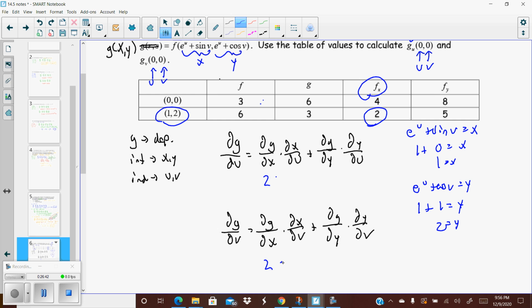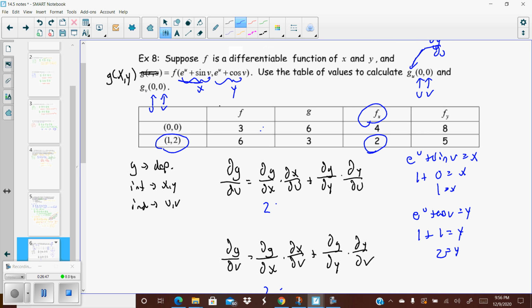The partial of x with respect to u. Well, that's the derivative of this piece with respect to u, and that's just going to be e to the u, evaluated at 0, 0, because that's your u and v values. So if I plug 0 in for u, I'm just going to get 1. Partial of g with respect to y.